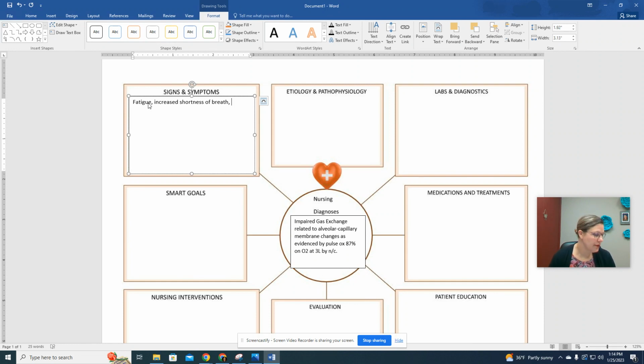So we'll let that fall under increased shortness of breath. And then it says he sleeps in a recliner. And maybe that's not signs and symptoms, but I'm going to let it in. Swelling in hands and feet.